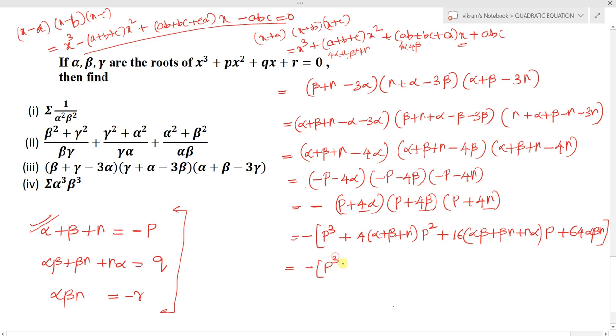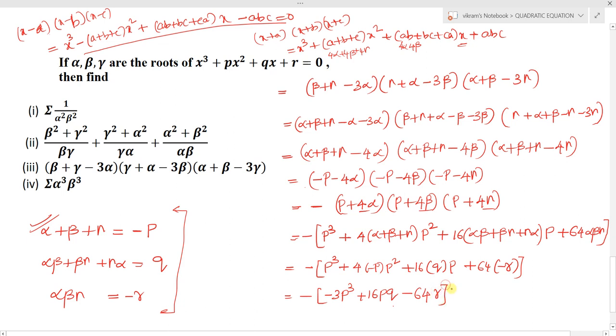This is nothing but p cube plus 4 into (alpha plus beta plus gamma, which is minus p) into p square, plus 16 times (alpha beta plus beta gamma plus gamma alpha, which is q) into p, plus 64 into (alpha beta gamma, which is minus r). If we simplify this, we get p cube minus 4p cube, that is minus 3p cube, plus 16pq minus 64r.